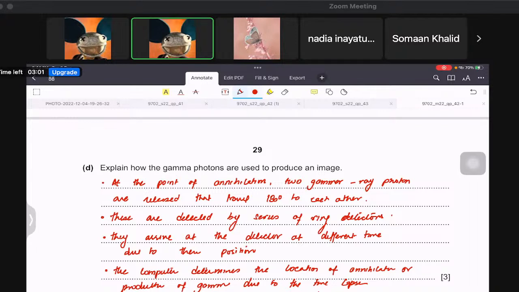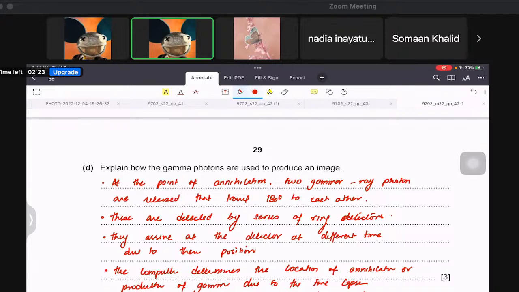Acha, the concentration of gamma rays, not the gamma rays, it's basically concentration of tracer is determined by number of gamma ray photons arriving at that point.